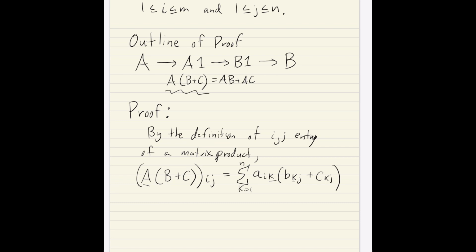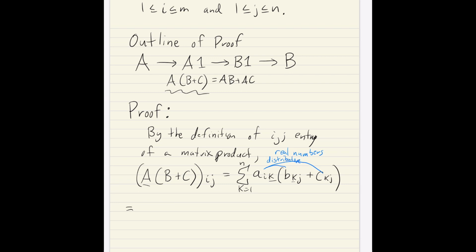So all I did was I converted it from a matrix to the individual IJ form for the sum to create the product. And then what we can do is take that product and just use the distributive property. How come we can use the distributive property now and I couldn't use it before? That's because the lowercase a, b, and c are just real numbers, and with real numbers, we know we can use the distributive property.